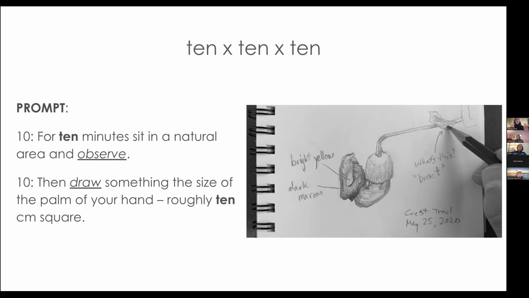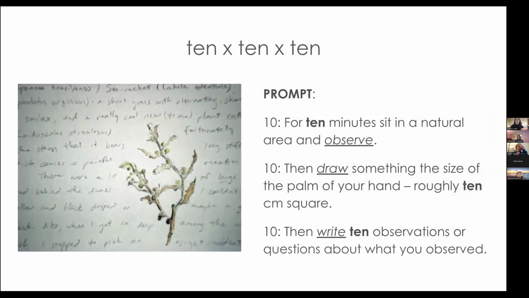So you want them a few dozen feet from each other or something like that. So sitting and observing 10 minutes, drawing something 10 centimeters, and then making 10 observations about that thing. Or it could be about just something in the environment. Does that clarify the 10 by 10 by 10?